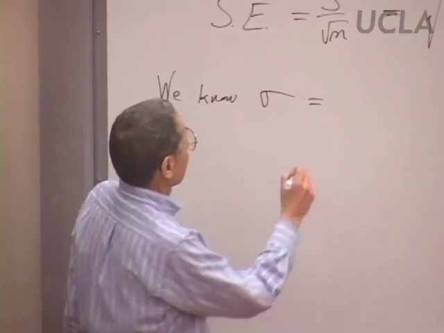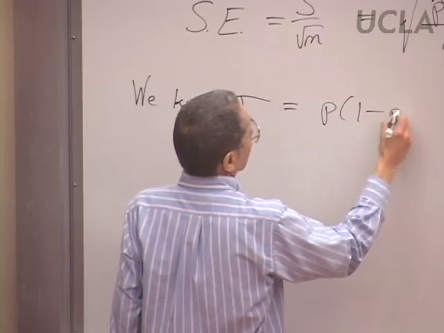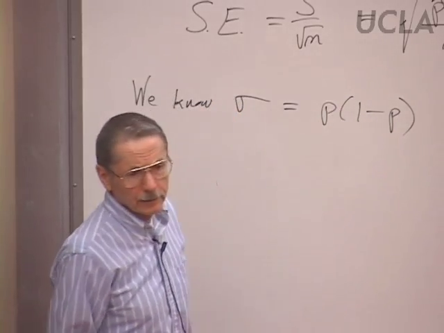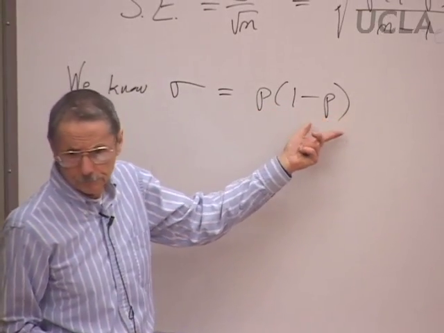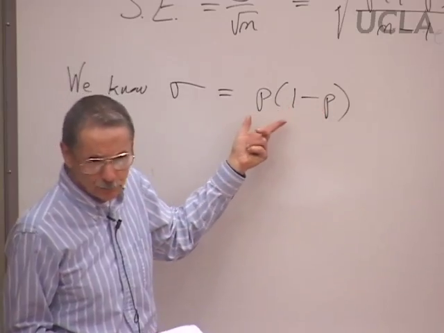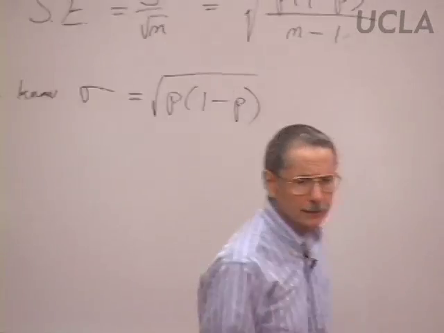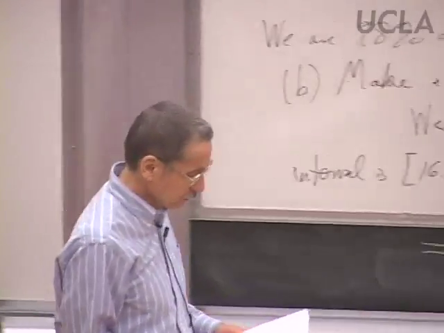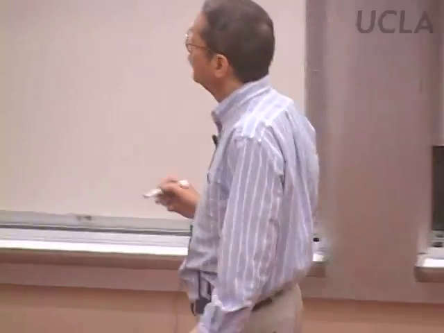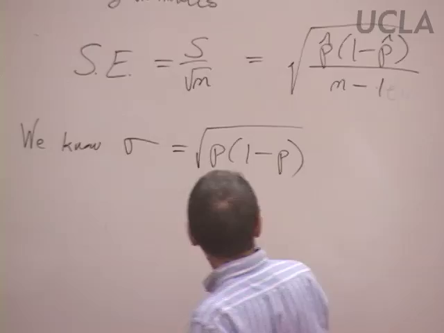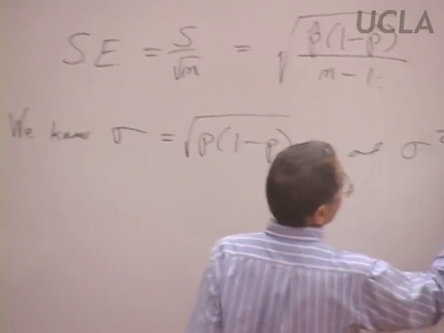We know the variance of a binary variable is p times 1 minus p. We worked that out before, and here it is again. And so the standard deviation of a binary variable is the square root of that. Let's say it both ways.